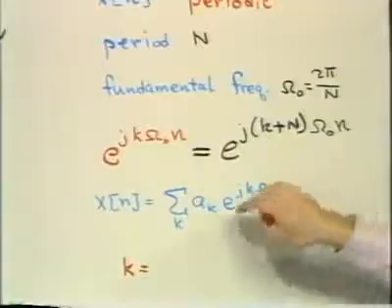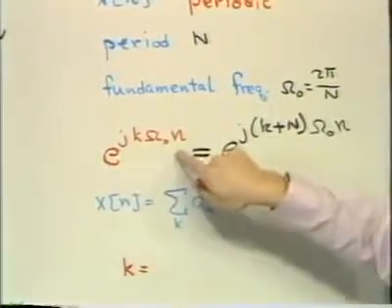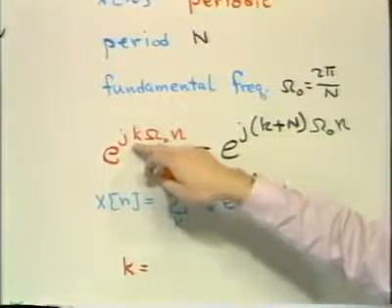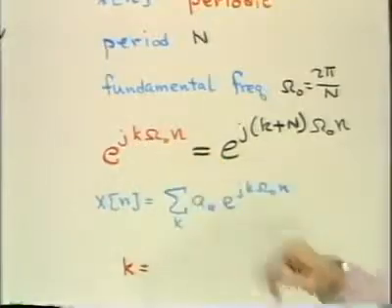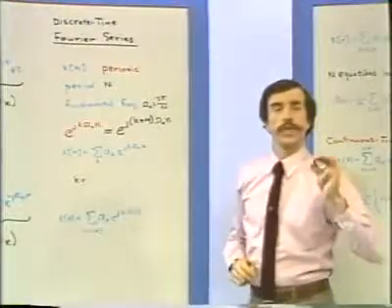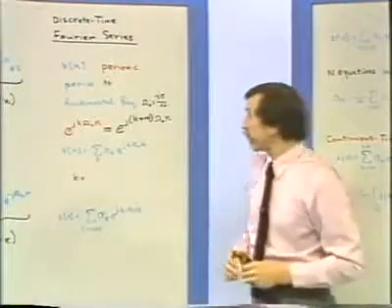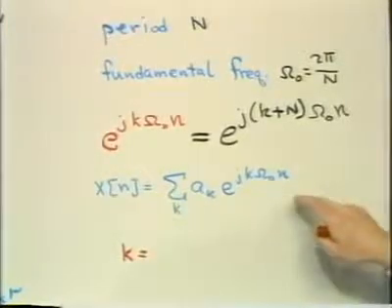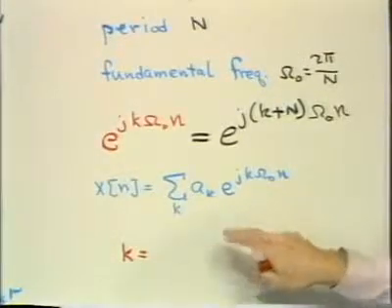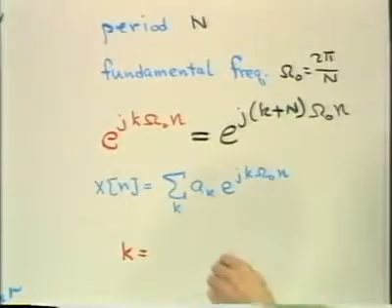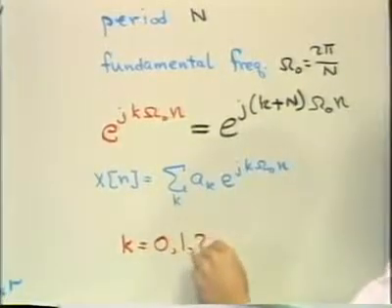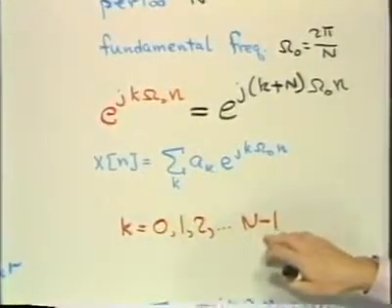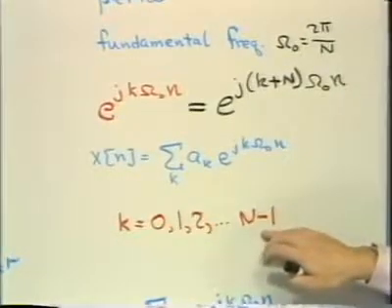Now, what does that say? What it says is that if I consider this class of complex exponentials as k varies from 0 through capital N minus 1, we will see all of the ones that there are to see. There aren't any more. And so if we can build x of n out of this linear combination, then we better be able to do it as k varies from 0 up to N minus 1, because beyond that, we'll simply see the same complex exponentials over again.